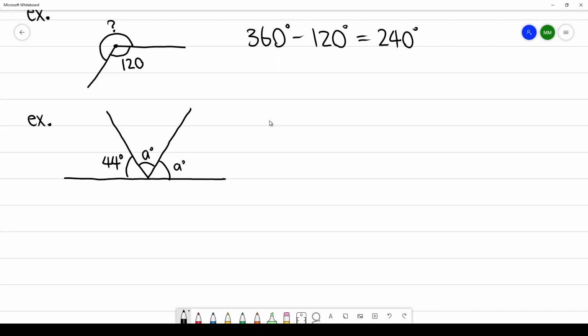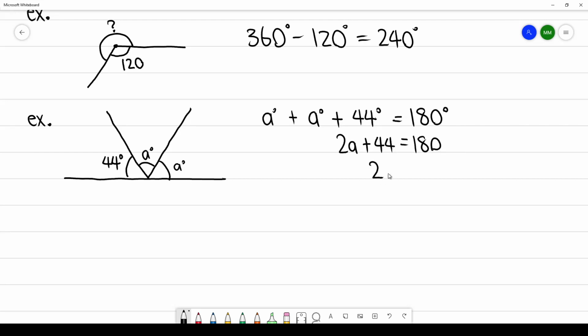Because 8 degrees plus 8 degrees plus 44 degrees is equal to 180 degrees. So then 2a plus 44 is equal to 180. So then 2a is equal to 136, right? So then a is equal to 68.